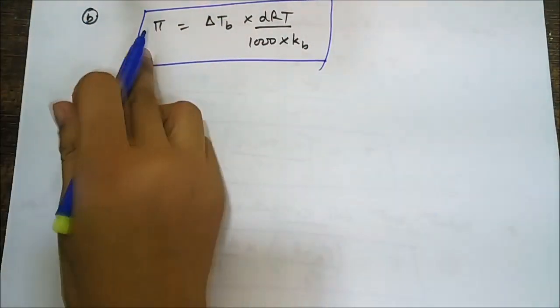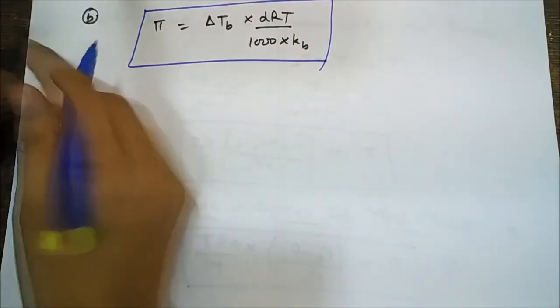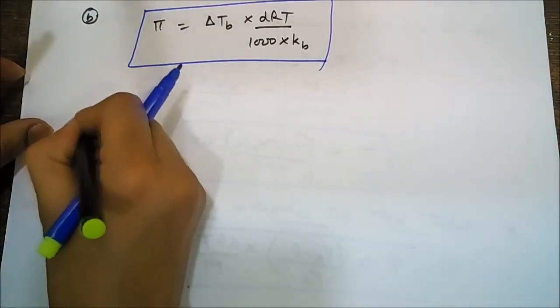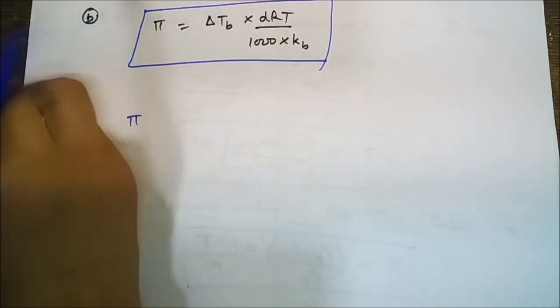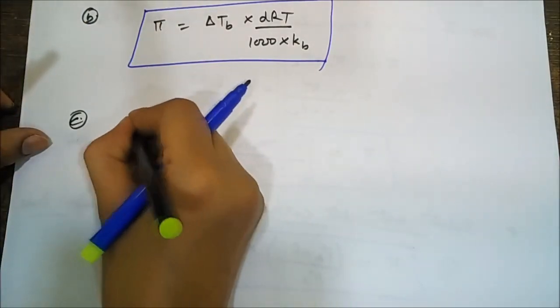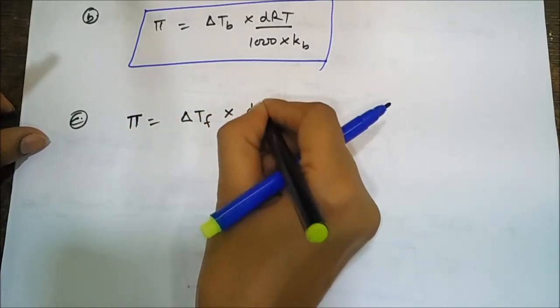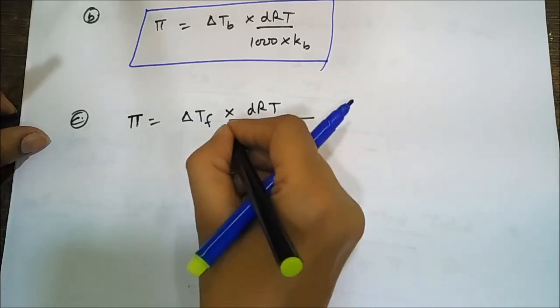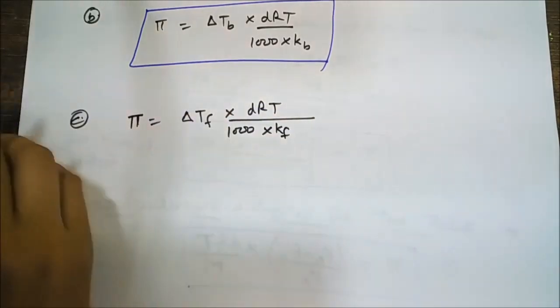This is the relation between osmotic pressure and elevation of boiling point. The third one is pi is equal to del TF into dRT upon 1000 into KF.